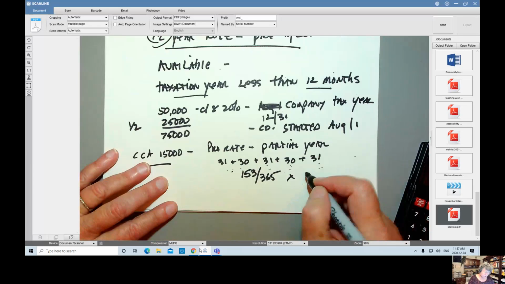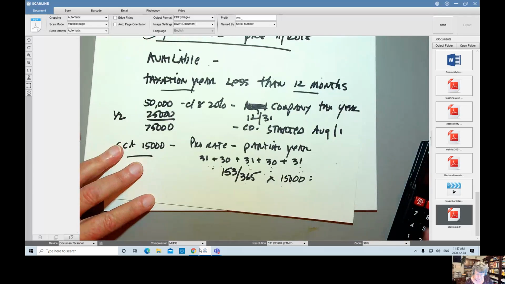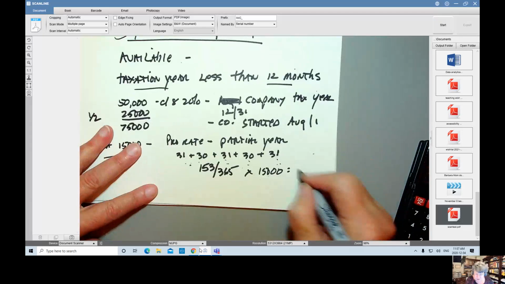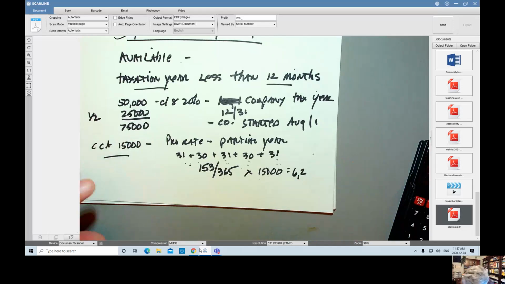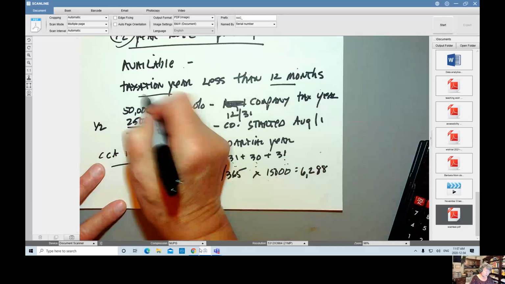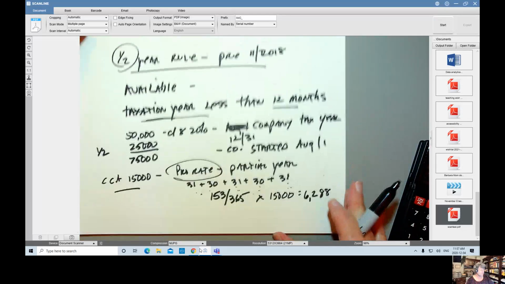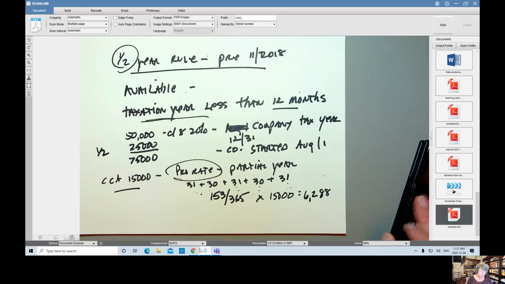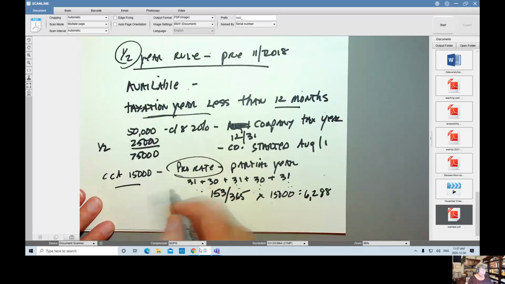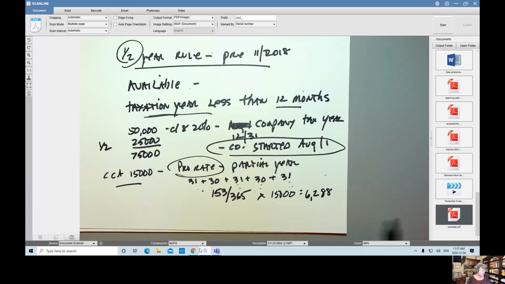Okay, so I prorate that 15,000 to 6,288. So for a partial year, you do have to prorate. Otherwise, you don't care when the asset was purchased. This asset might have been actually purchased on December 1st. Doesn't matter. It's the fact that the company does not have a full year that we're concerned with there.